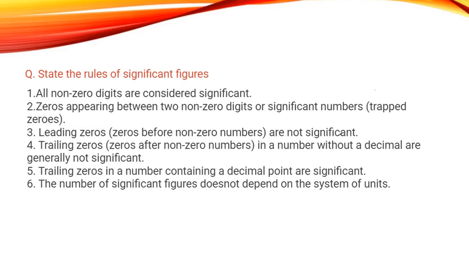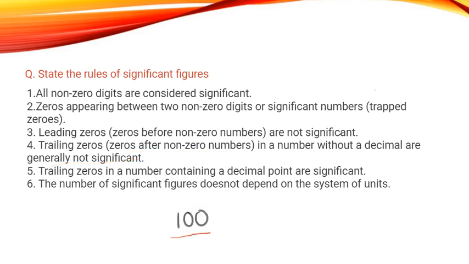Now the next one is your trailing zeros. Trailing zeros means the zeros after a non-zero number. That means zeros after a significant number. So trailing zeros without the decimal are generally not significant. Suppose you have a number 100.